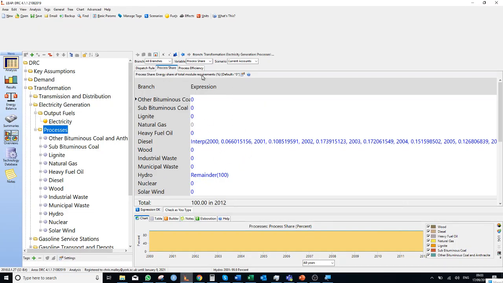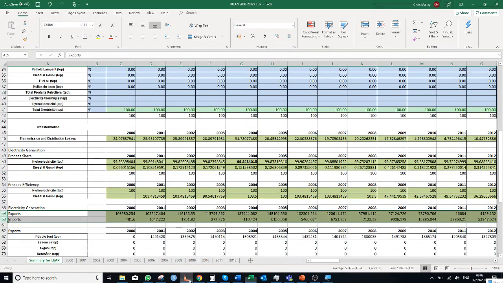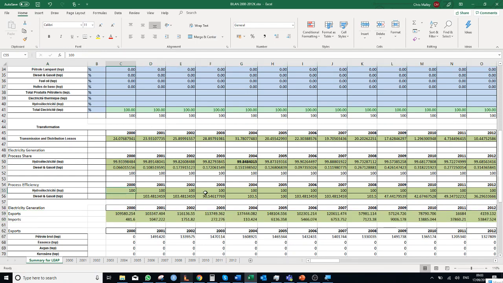But I've entered that data from your energy balance, and then we also need to put in the efficiency of that process. Now, some of the statistics here I wasn't sure were correct, and we can look in more detail at those. For hydro, we assume it's 100% efficient.